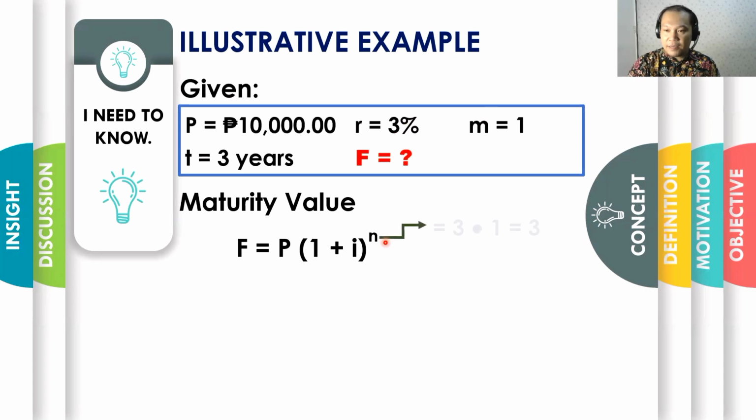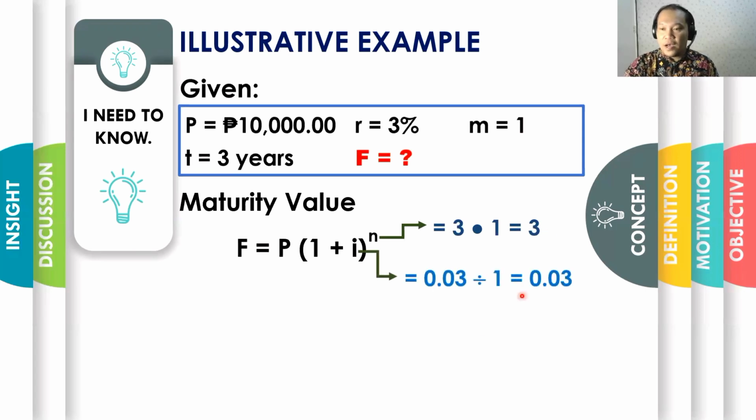And then, by substitution, we have n is equal to 3, that is 3 years, times 1, which is m, is equal to 3. On the other hand, for the i, we have 0.03 divided by 1, which is 0.03.